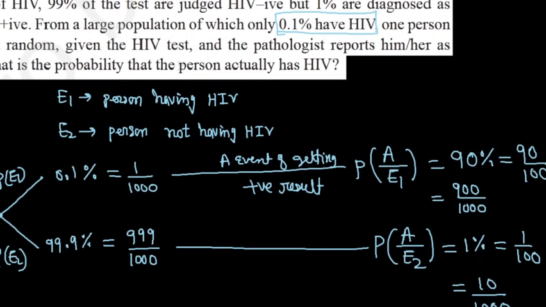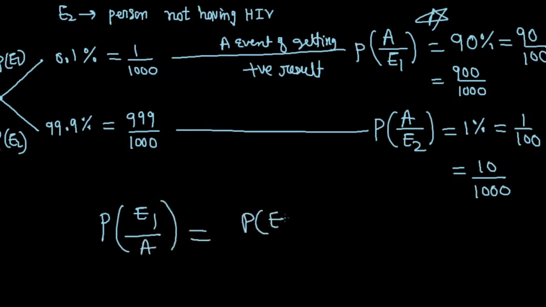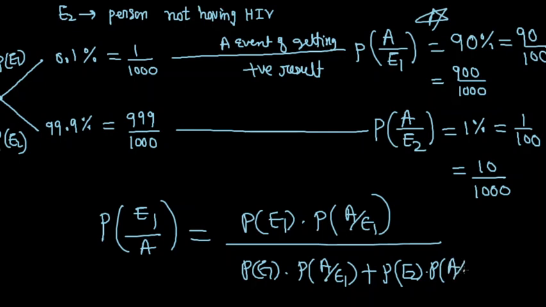What is being asked here? The question asks what is the probability that the person actually has HIV, given a positive result. That is P of E1 by A. According to Bayes theorem, it is P of E1 into P of A by E1, whole divided by P of E1 into P of A by E1 plus P of E2 into P of A by E2.